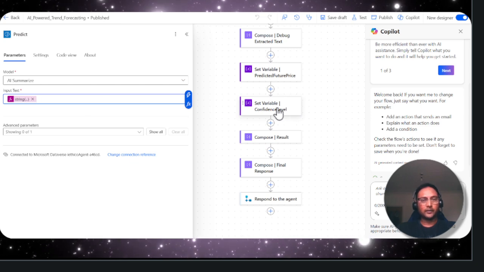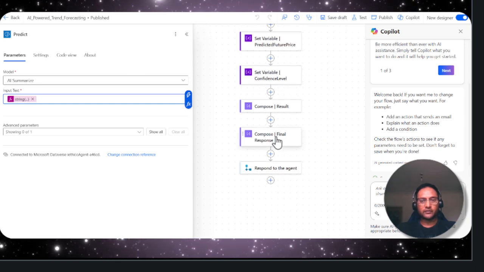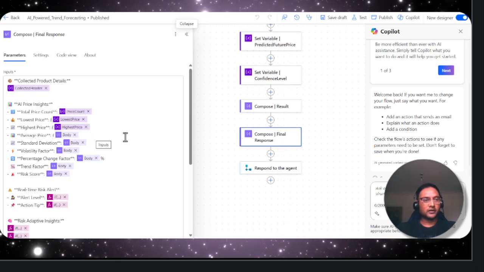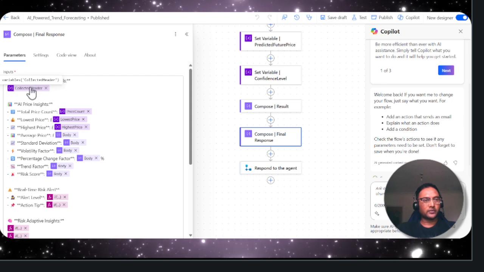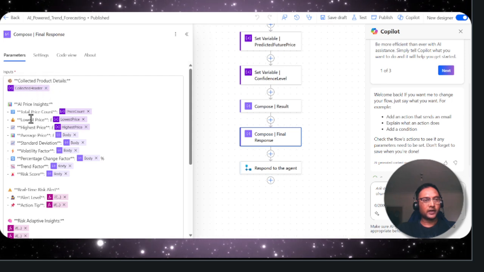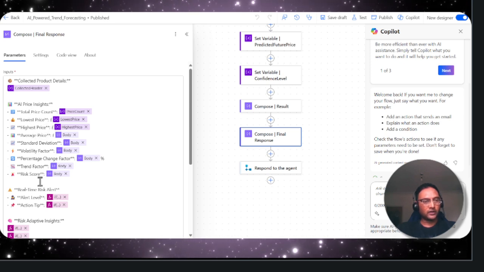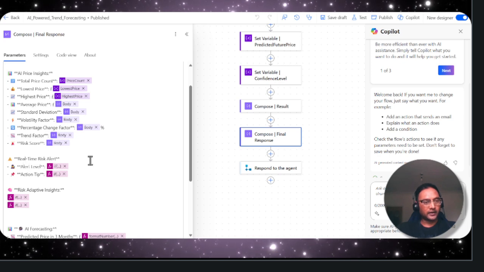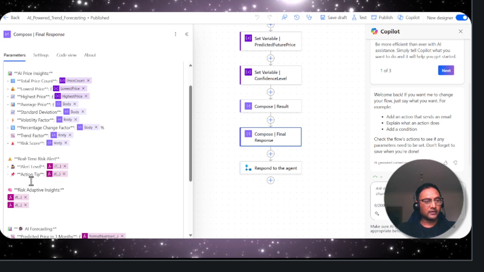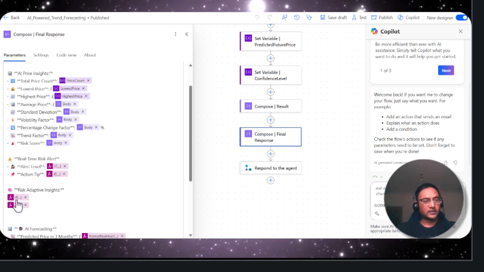I'm using some formulas here, and the final response will be like this, where it gives all the collected header details, the total price, lowest price, standard deviation, all the values, and a real-time risk alert, alert level and action tip, and advisable insights.